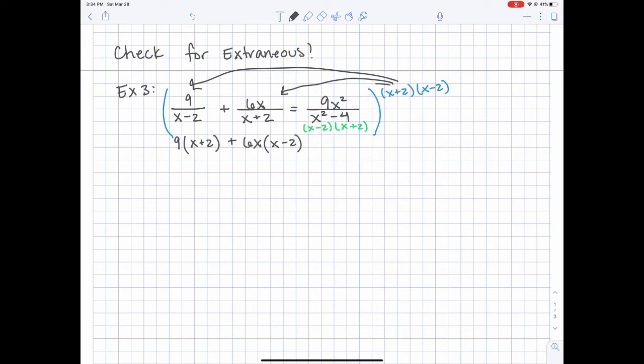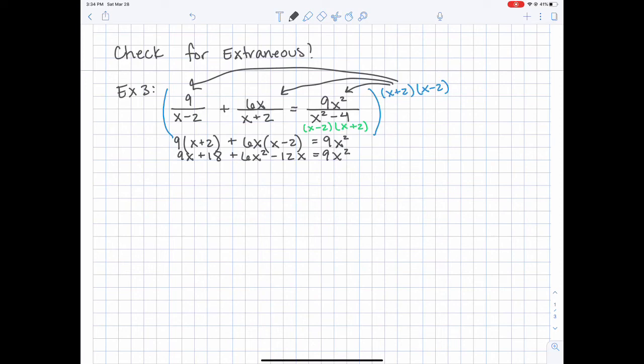Now for this last one, they both end up canceling out, so we're just left with 9x squared. Okay, let's go ahead, let's distribute, see what kind of equation we have. So 9x plus 18 plus 6x squared minus 12x is equal to 9x squared.